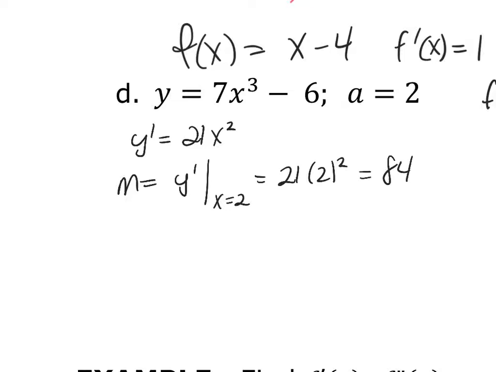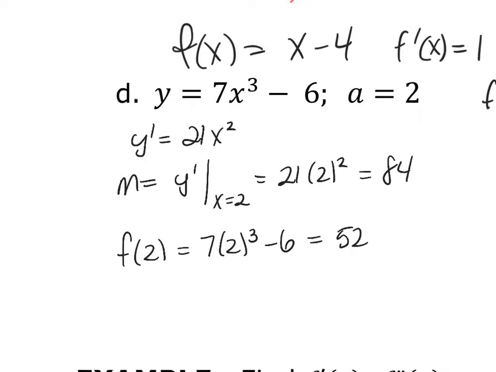What else do I need to find? I need to find f of the original, so f of 2. So that's going to be 7 times 2 cubed minus 6. So 7 times 8 minus 6, which is 52.